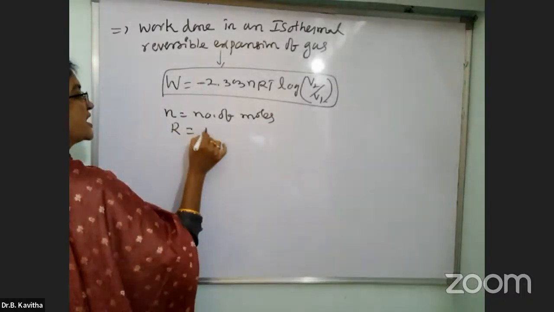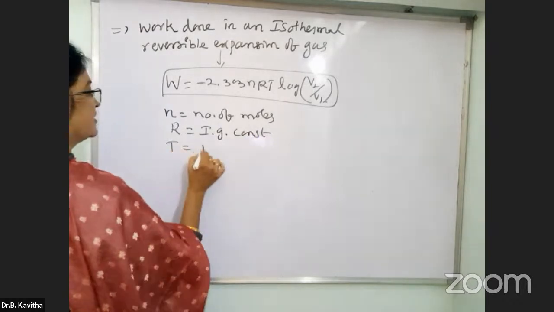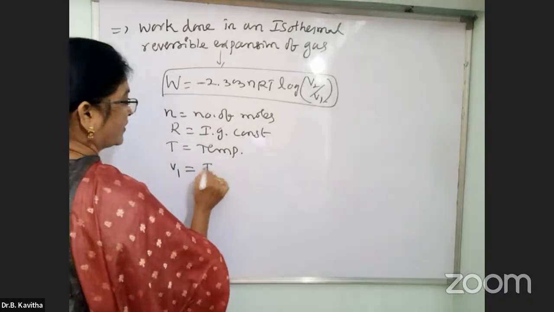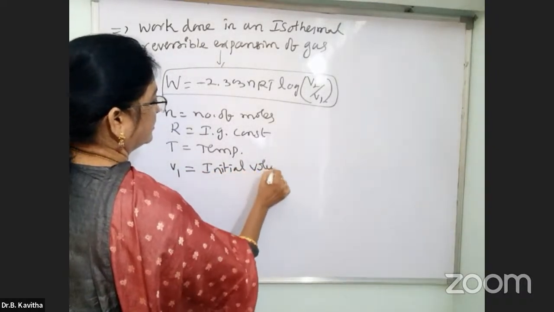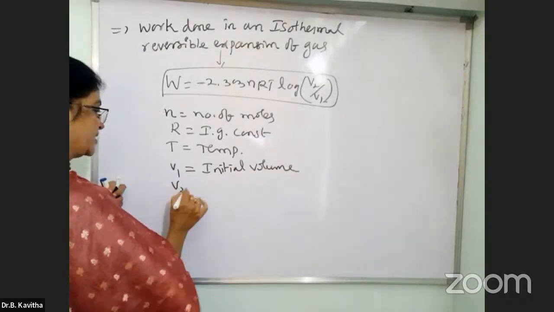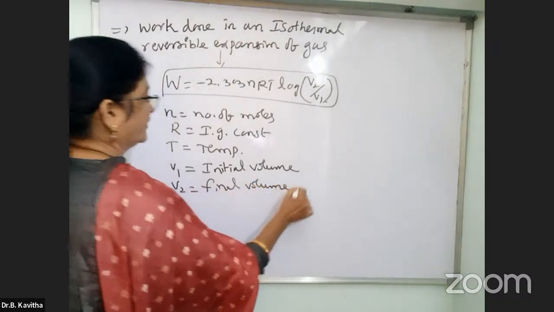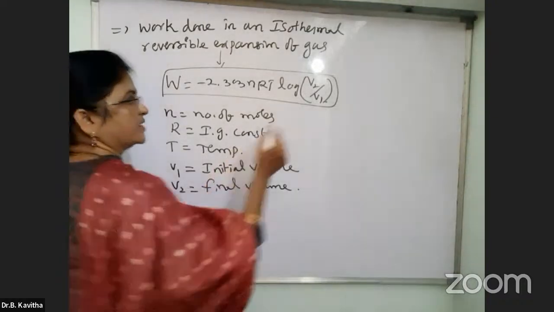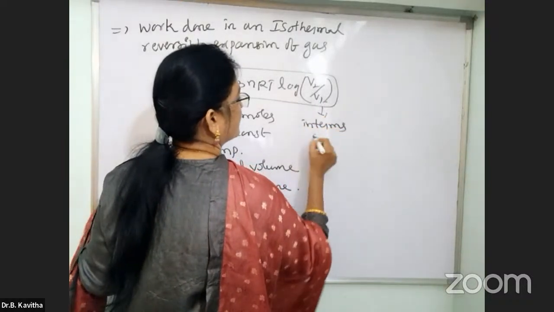R is, as you know, the ideal gas constant, T is temperature, and here V1 is the initial volume, and V2 is the final volume. So this is the equation. Okay? And one more equation is also there. This one is in terms of volume.